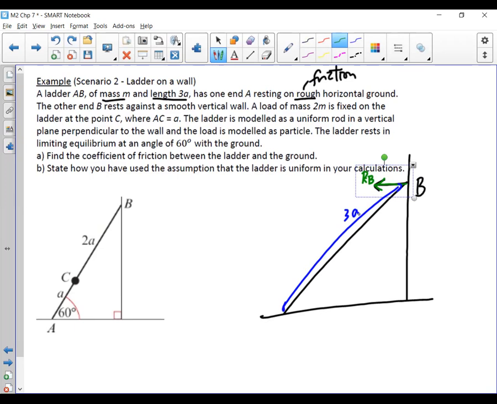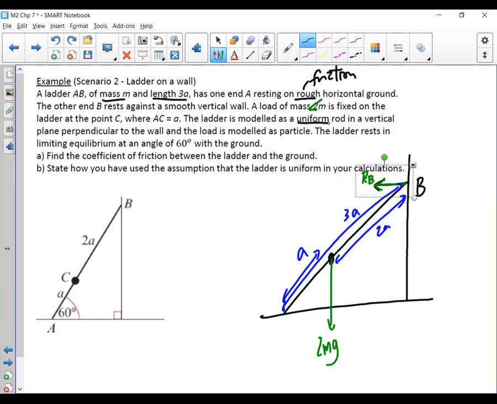A load of mass 2M is fixed at point C. So point C is here. 2M, therefore there'll be a 2Mg shooting downwards because it's a weight. It's fixed at a point where AC is A, so that's A, and therefore this will be 2A. The ladder is modeled as a uniform rod.